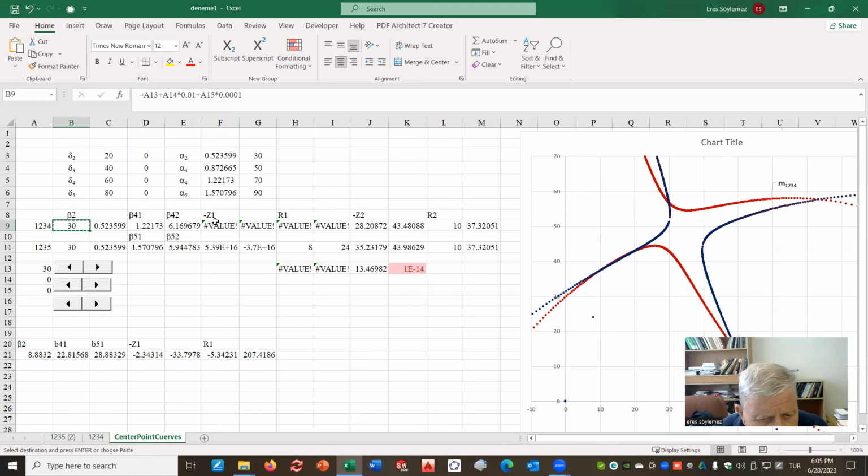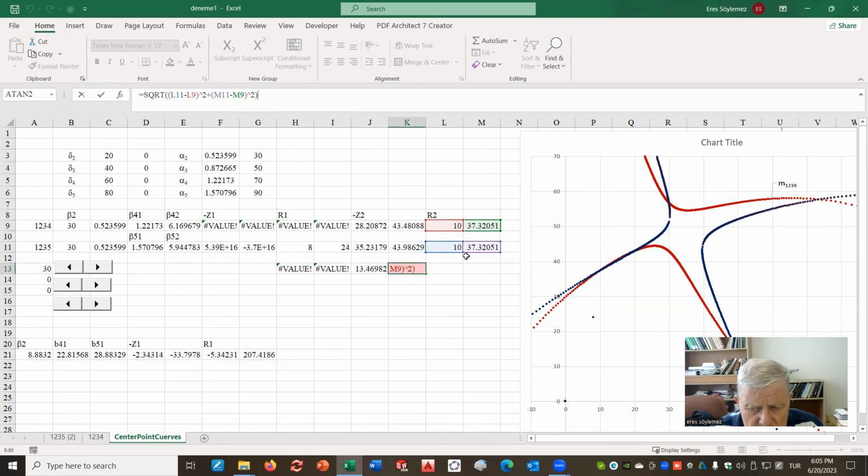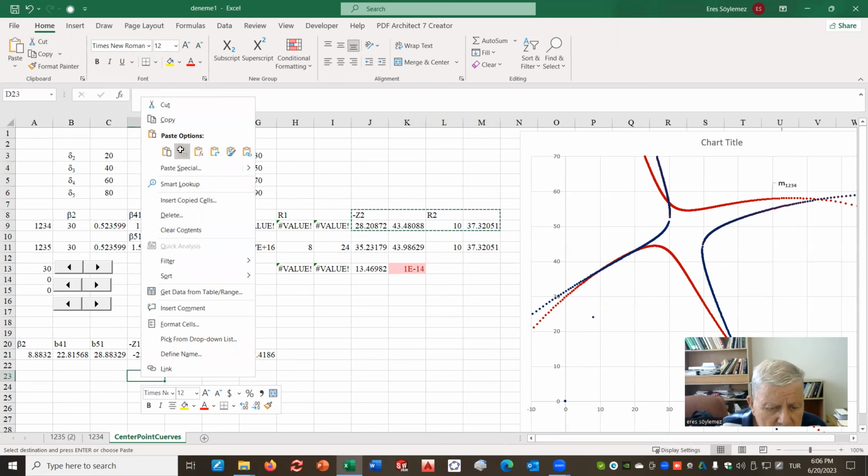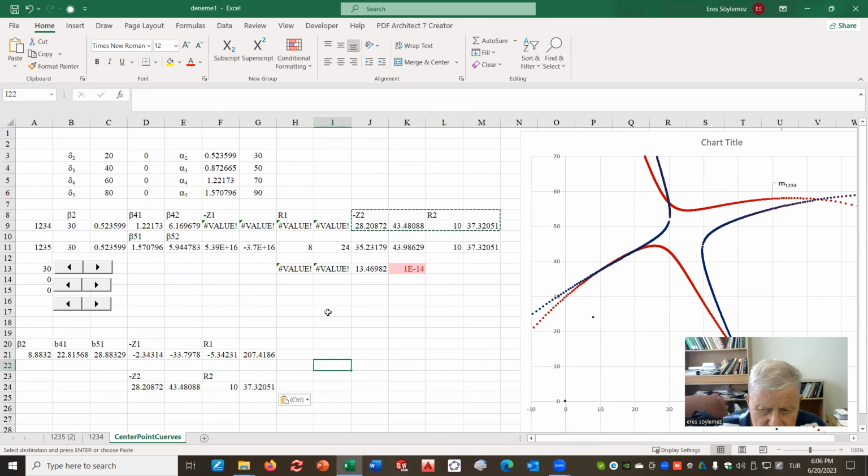But notice I have a problem. No, these are fine, because this corresponds to this solution. So Z2, this goes to infinity. There's no solution over here on the first region, but here it's a good solution. So the solution is, Control C. Let me bring it over here. These are the values for Z2 R2. Beta 2 is 30 degrees.